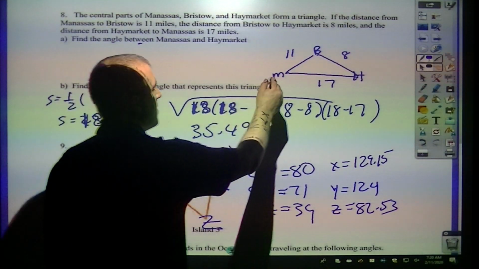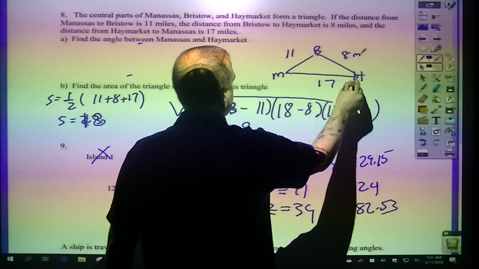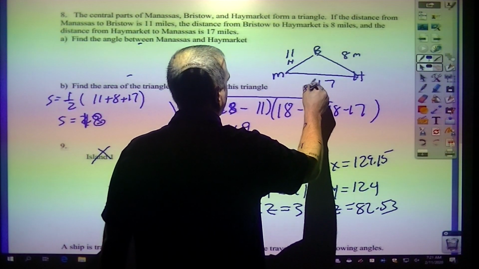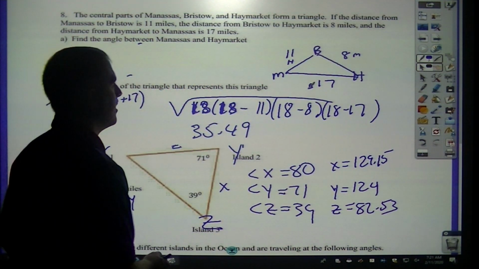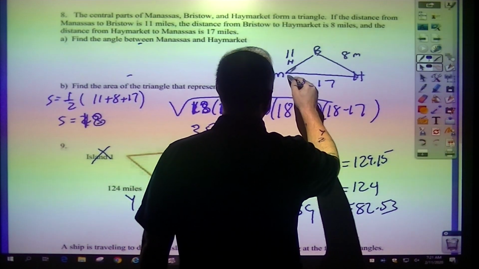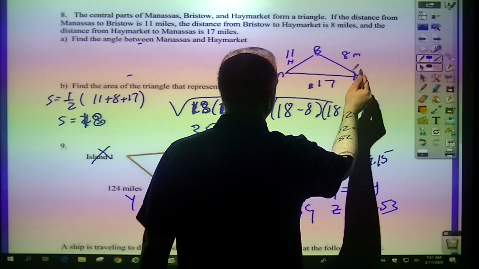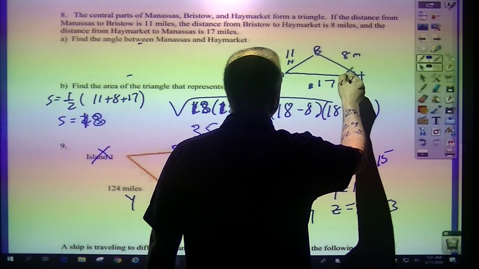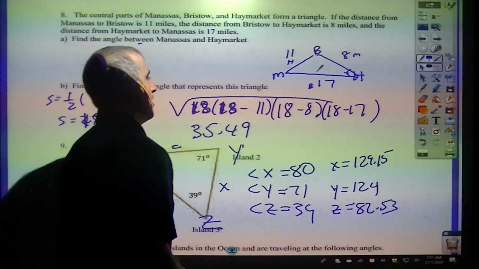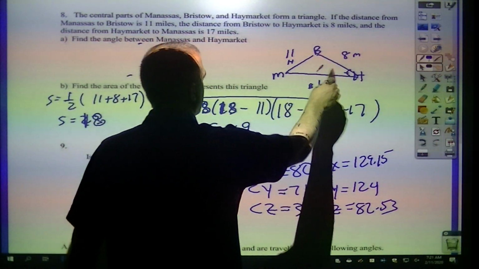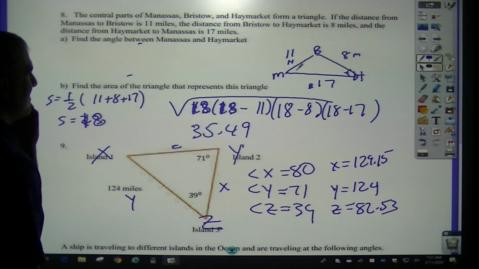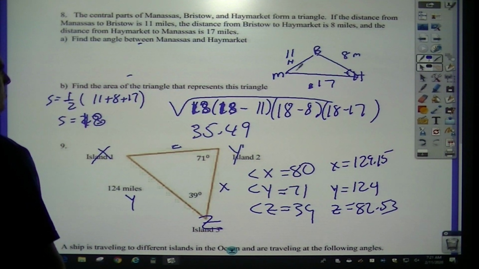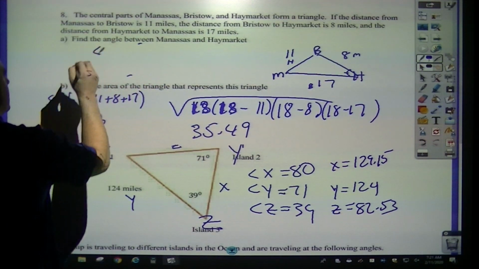So what you might want to do is put these amounts. The angle between Manassas and Haymarket, we're really looking at this angle here, the angle going that way.